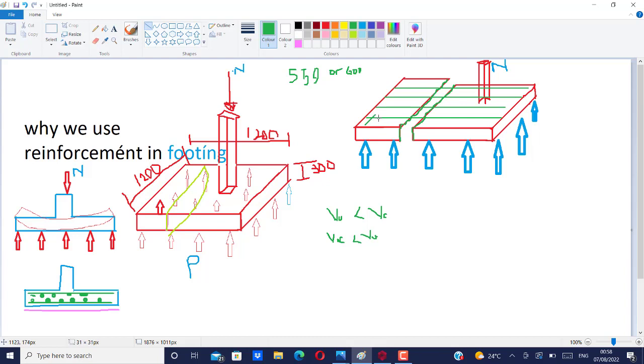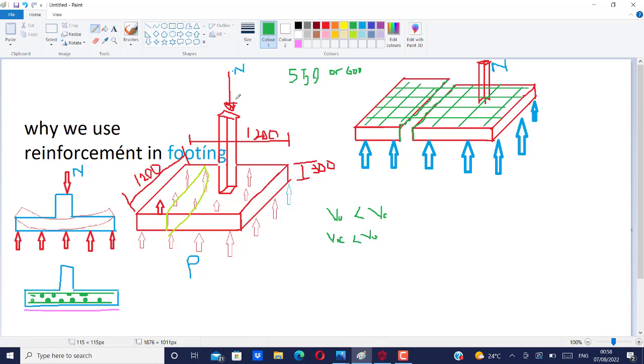So you provide reinforcement both horizontally and vertically in order for it to take care of this shear that can happen here.